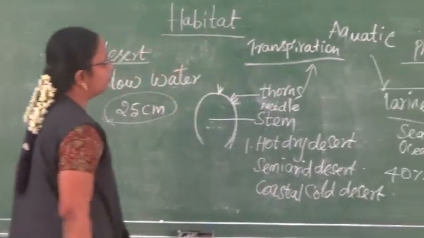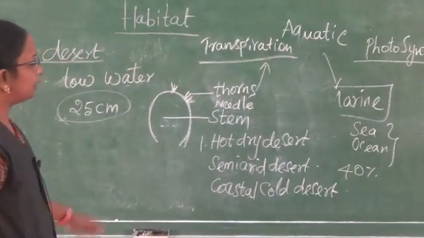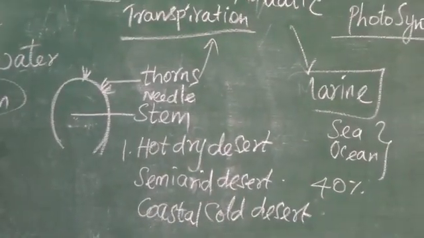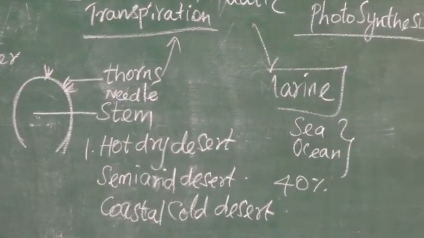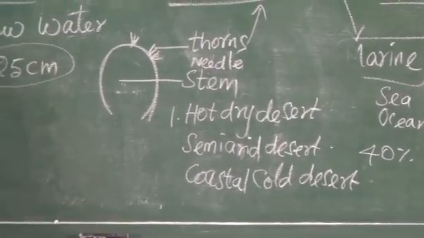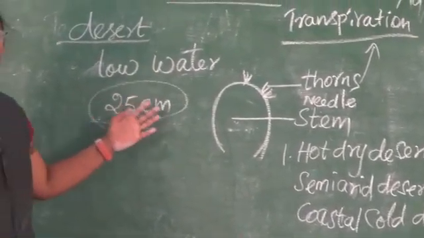These are the different types of desert found in the desert region. We cannot find much water here. Very little water is found, and annual rainfall is less than 25 centimeters.